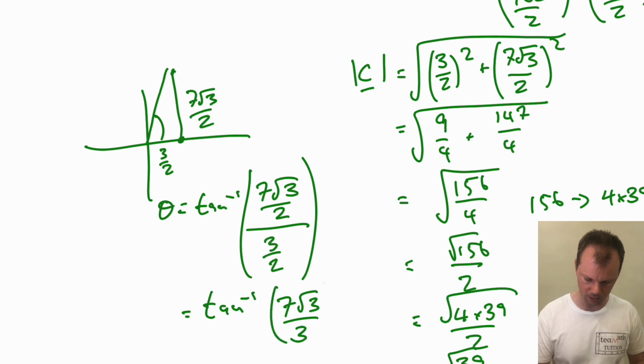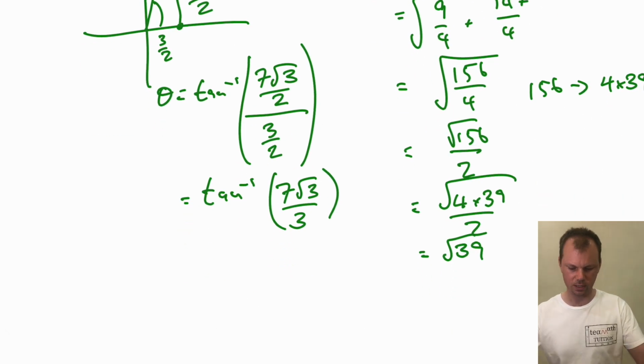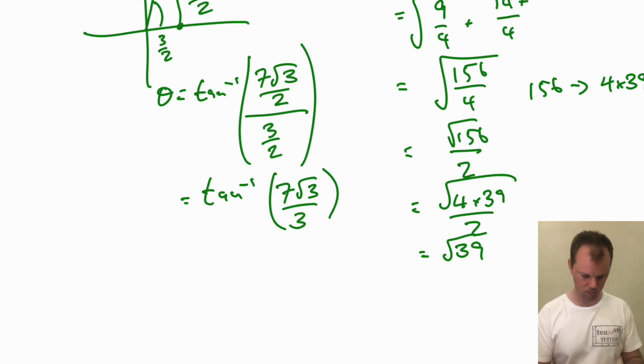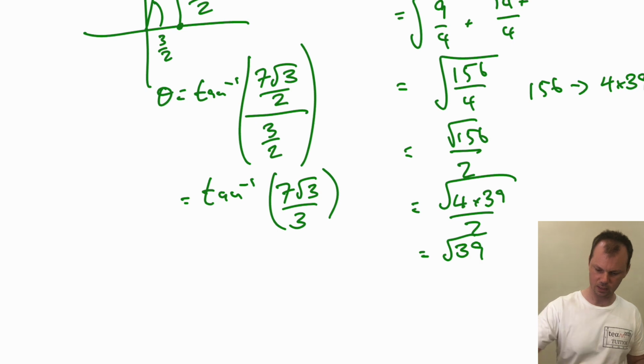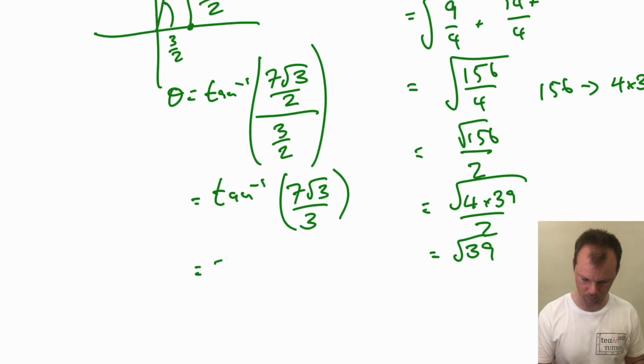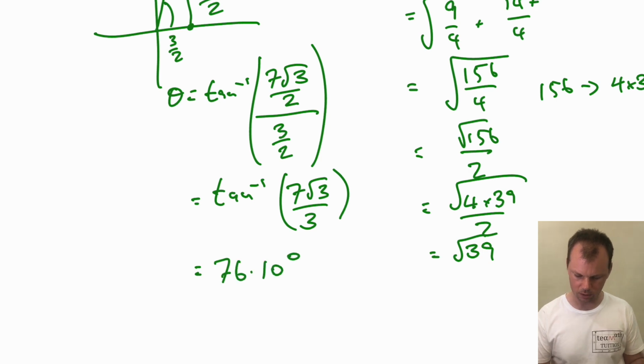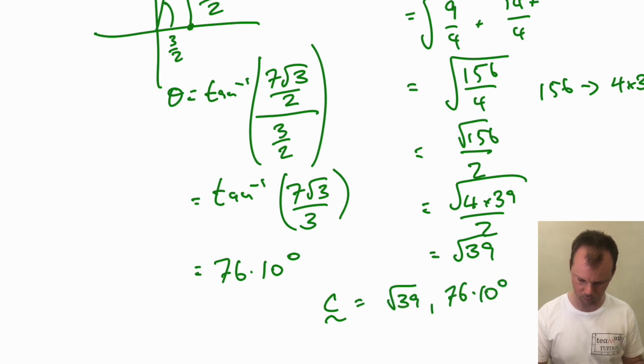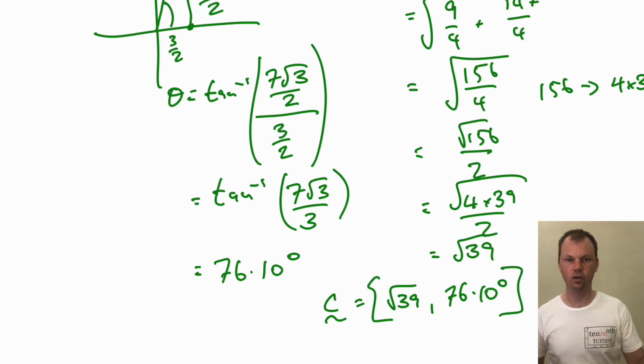I'm going to put that into my calculator like that so I don't mess up my fractions. And we're going to get 76.10 degrees. So expressing in polar form, we've got C, and we've got our answer to question 2.